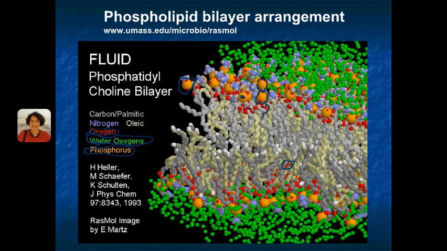You see these little squiggly molecules are the fatty acid tails of the individual phospholipid molecules, and how they are facing each other in the middle of the bilayer. And then you see the hydrophilic heads are here, in both cases in contact with the water molecules.